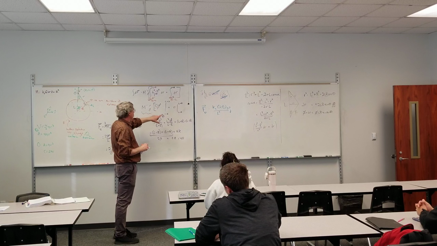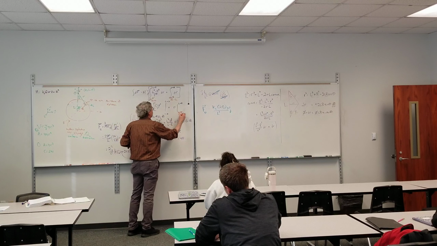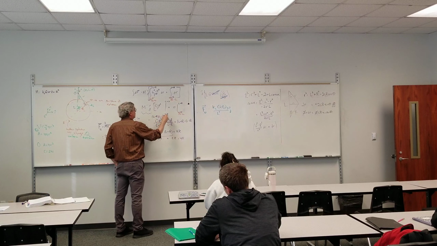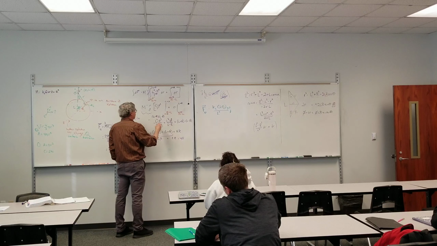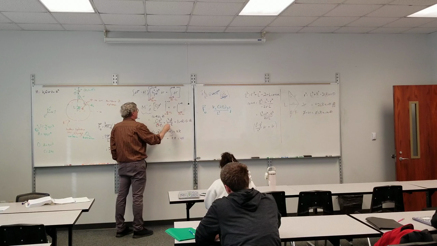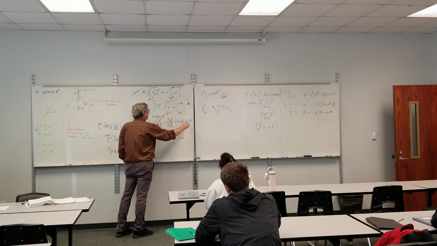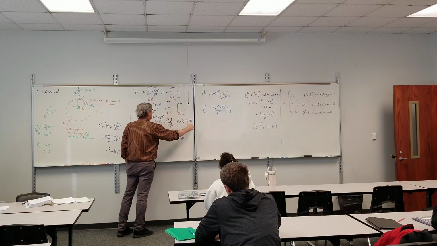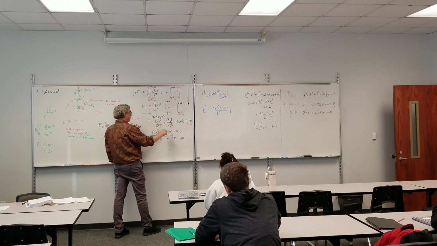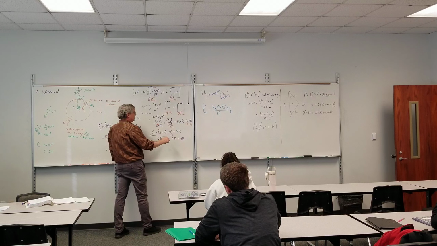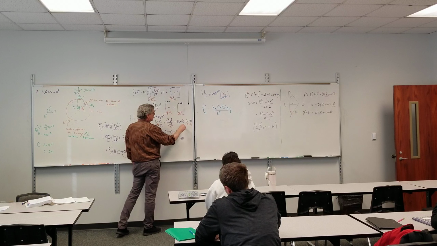So my limits of integration now become R minus L. This becomes R minus L, so that becomes negative there. And here, the R's cancel out, and I'm left with 2L.